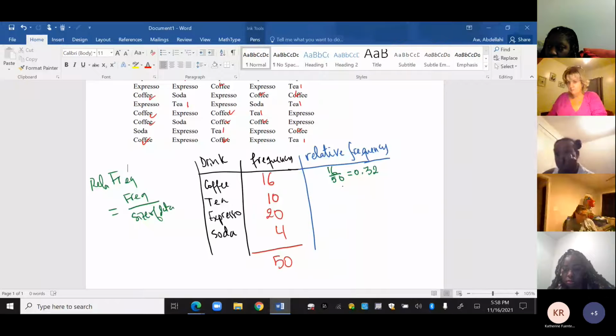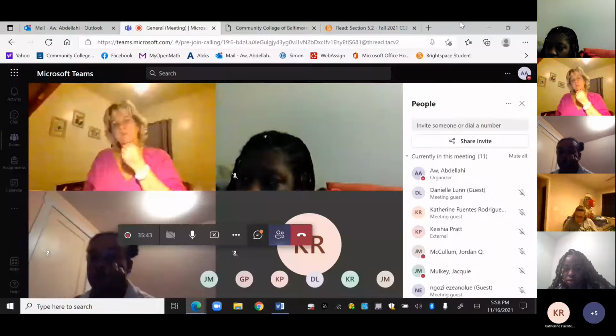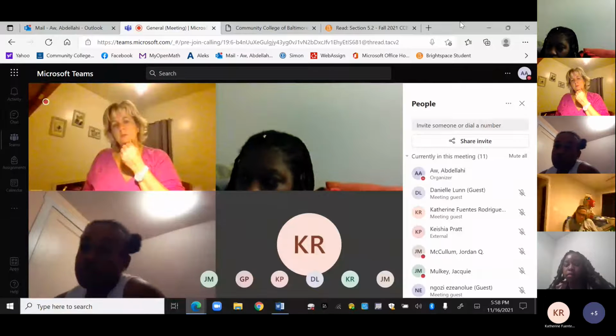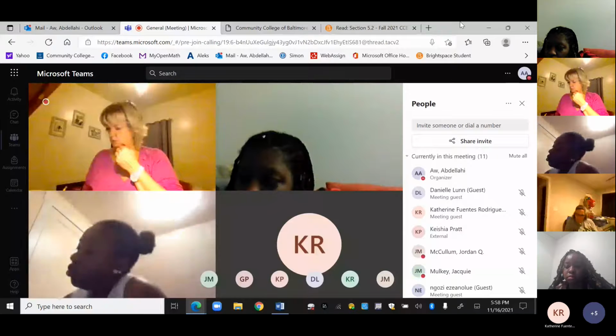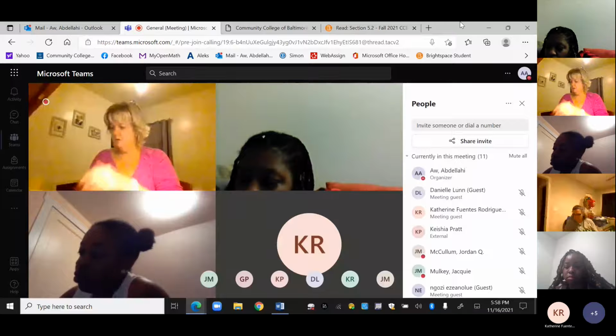So now if I have 0.32, what is the way to write this as a percentage? What operation do we do? What do you think? We understand 0.32 as a number, right?